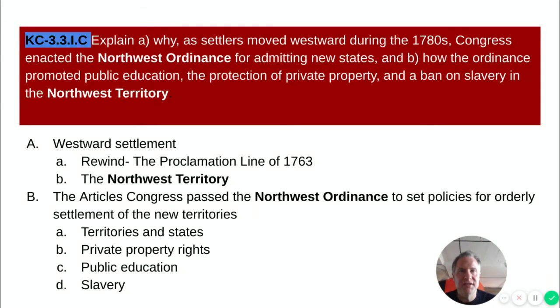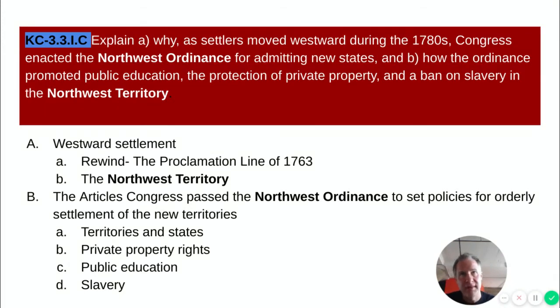The third thing we need to talk about is Westward Settlement in the new United States. If you remember, the Proclamation Line was drawn up by the British along the Appalachian Mountains. Colonists on this side, natives on the other side. That line is gone with the British. So now Western settlers who are at that fringe of the colonies pushed through the Appalachian Mountains into what is called the Northwest Territory.